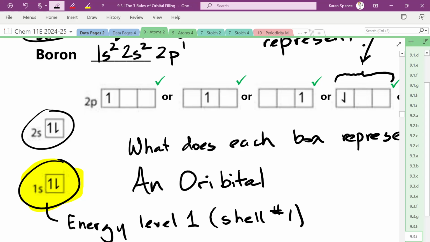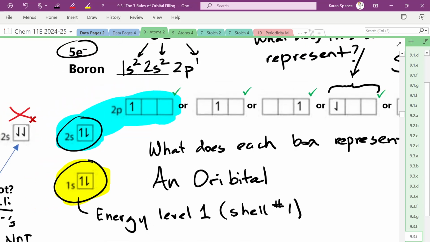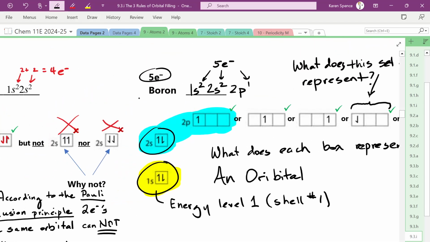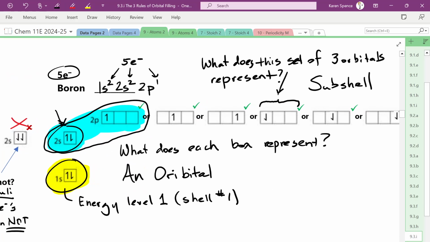And what if I wanted to highlight shell number 2? What would I highlight? Tell your partner. Now, the reason I didn't do any of the rest of them is because these are all or.